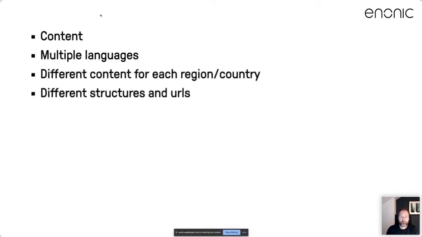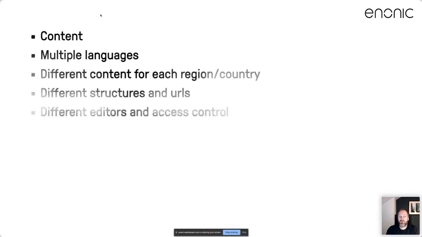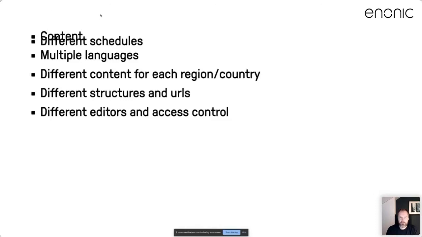So then you might want different structures and URLs across your various sites. You might have different editors handling the different regions or languages. You might even want to limit who can access some of the languages.